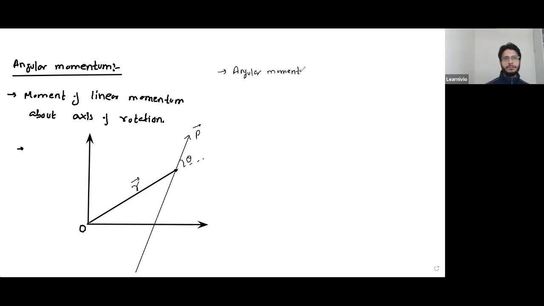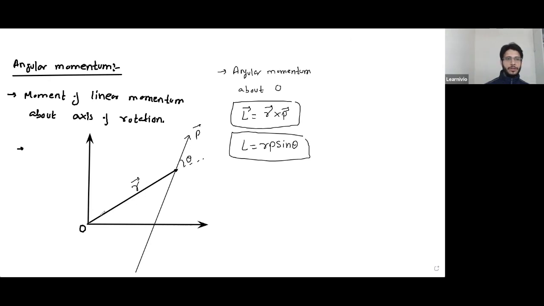So angular momentum about O, L, is R cross P. If you open this cross product, you will get that L is RP sine theta. Same thing. You can even write this expression in terms of perpendicular distance.